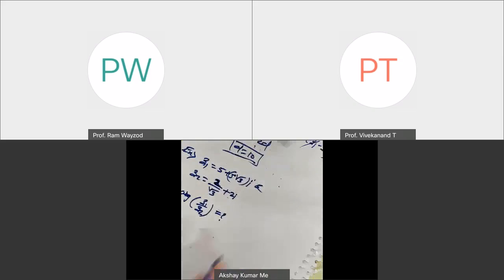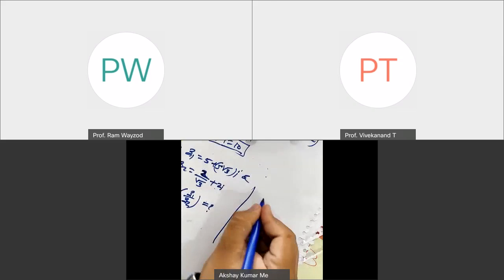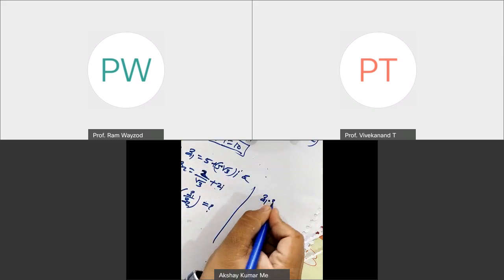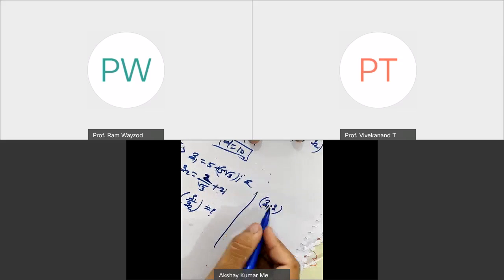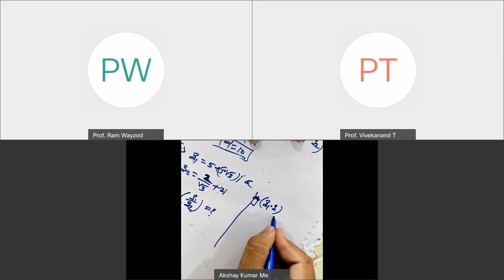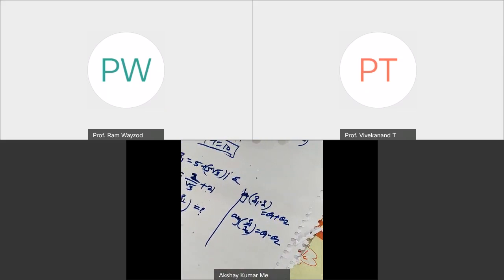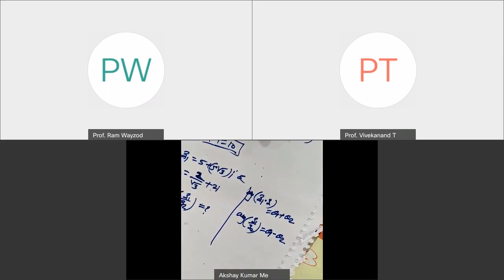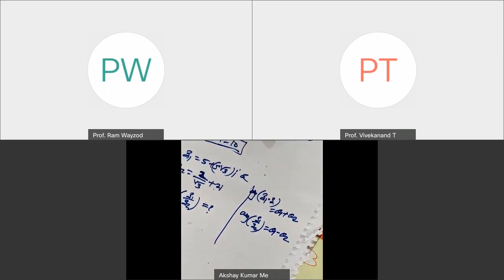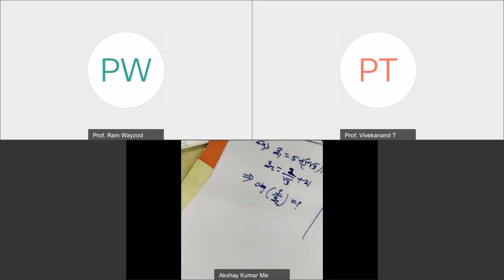So first, we know that if Z1 into Z2 is a product, then its argument is theta 1 plus theta 2, remember. And if we have to calculate the argument of Z1 upon Z2, if it is multiplication then there is addition, if it is division then theta 1 minus theta 2. Theta is tan inverse b by a, or y by x. So first we calculate theta 1.